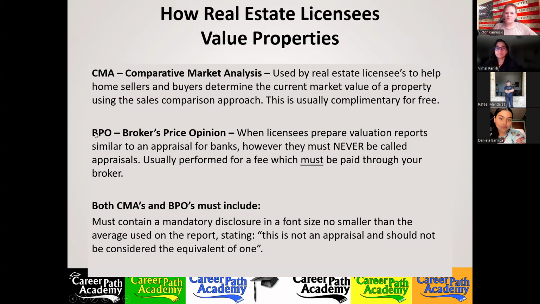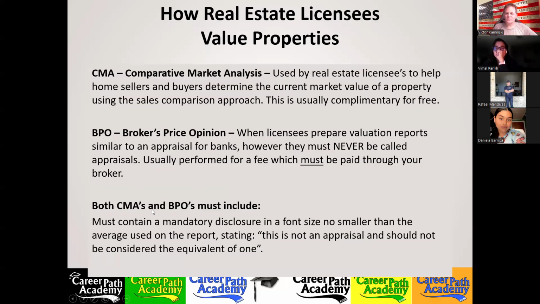A BPO, broker's price opinion, is when licensees prepare valuation reports similar to an appraisal for banks. However, we must never call them appraisals. And we usually perform these in exchange for a fee. But remember, that fee must be paid through your broker.